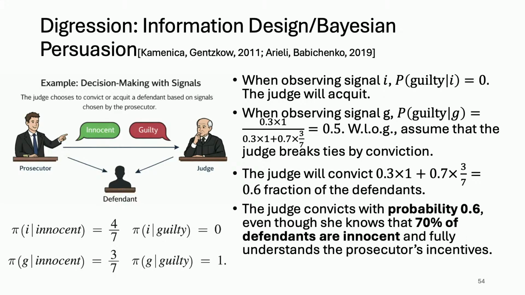So that is to say, the judge will convict with probability 0.6, even though she knows that 70% of the defendants are innocent, and they fully understand the prosecutor's incentives, and they also know that everyone is telling the truth and nobody tried to lie here. So that is the power of signaling, of information design, by playing with this Bayes rule.